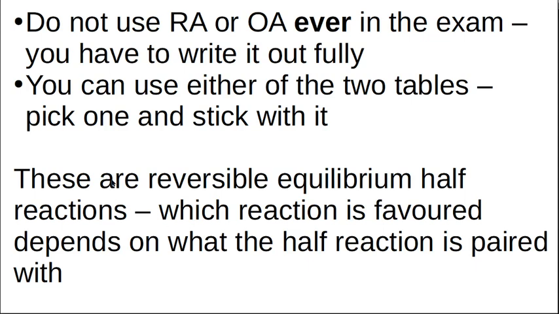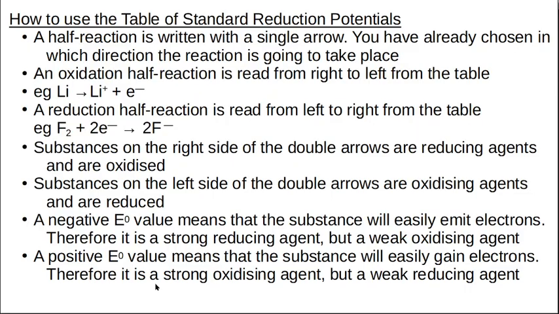So you write either the forward reaction or the backward reaction depending on which two things you've got. So for instance, when you've got zinc and copper, you know the zinc's going to boss the copper around and the copper is going to become a metal, because the zinc is the stronger who wants to be an ion. Zinc really wants to be an ion and copper can't put up with the bullying.